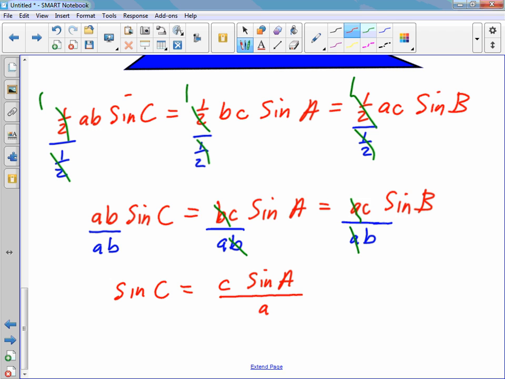Little a equals C sine B over little b. This is pretty good, Marco, pretty good. I only see one problem here. You're actually very good, but we have one more step to clean up.